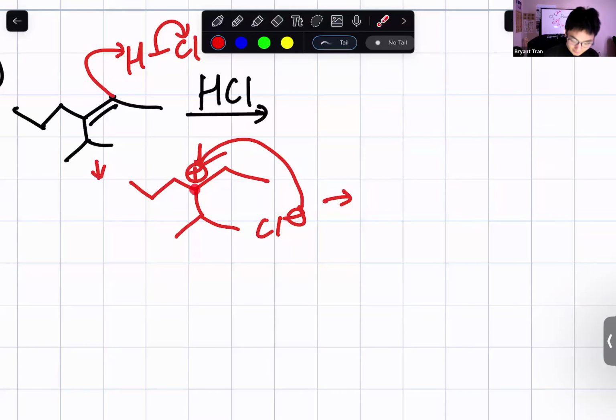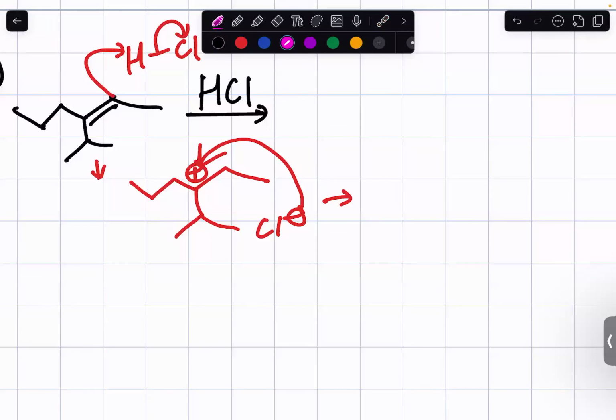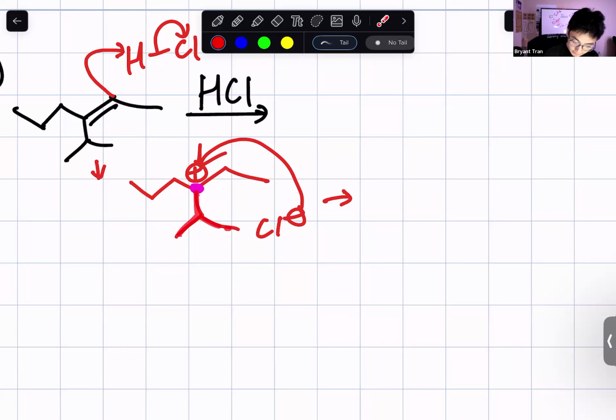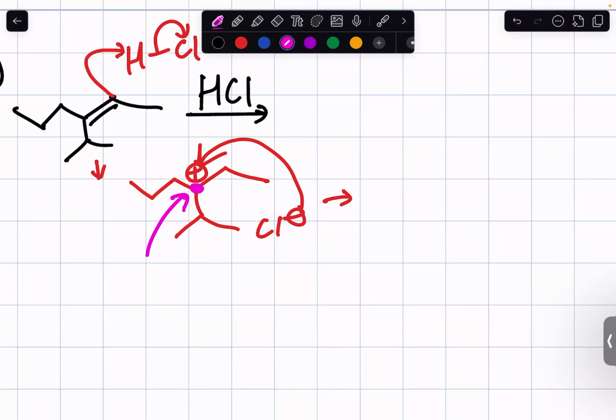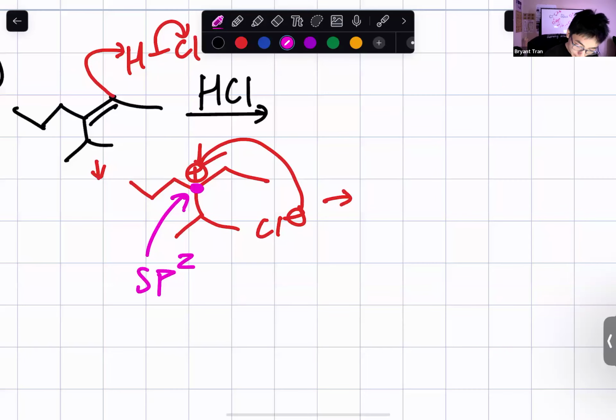My reason would be that it has 3 different things attached. Yes, 3 different bonds attached to it. And what would be its hybridization if it has 3 different bonding groups? Would it be sp, sp2, or sp3? sp2.